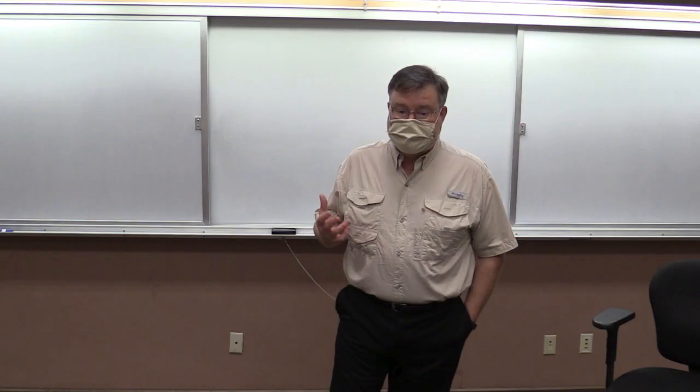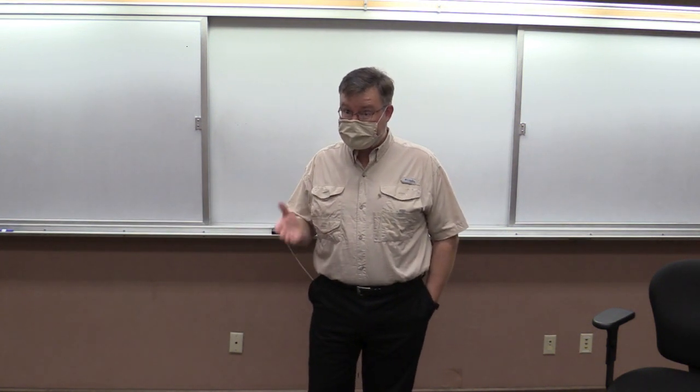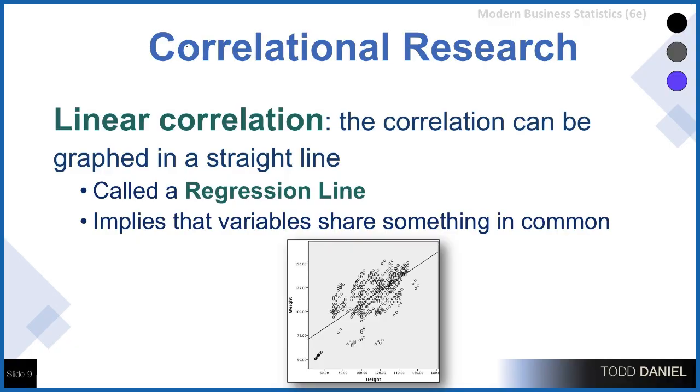I also mentioned that correlation has to do with how well the data fit a straight line. And I said that R equals regression. So let's put that together. You see here a scatter plot, and running right through the middle of all of those dots is a straight line. That line is called a regression line, and the fact that the dots line up around that line indicates that these two variables share something in common.